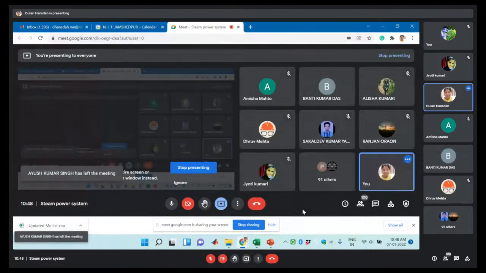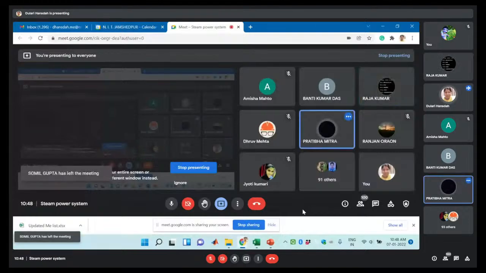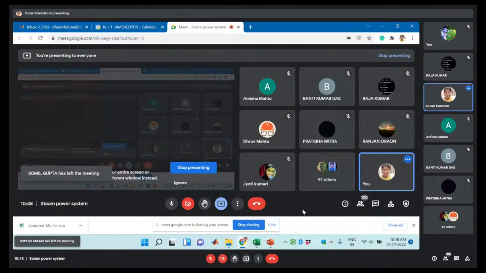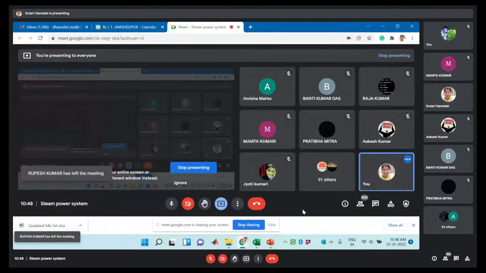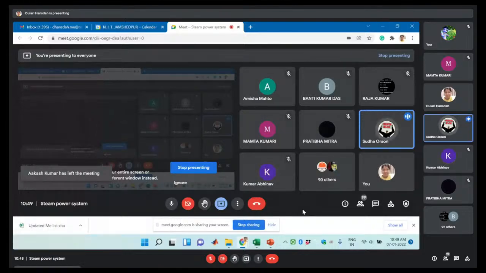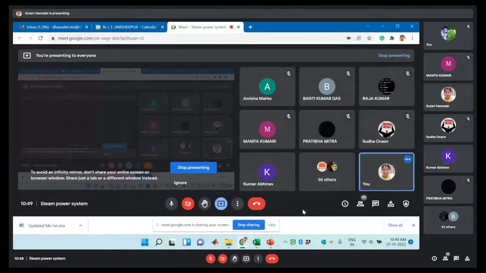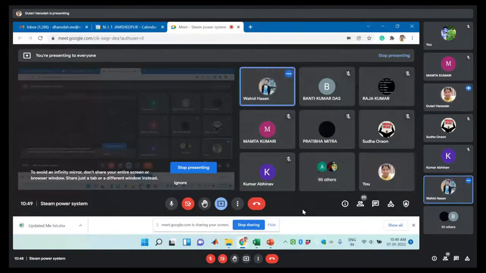39, present, ma'am. 40, present, ma'am. 41, present, ma'am. 42, present, ma'am. 43, present, ma'am. 44, present, ma'am. 45, present, ma'am. 46.